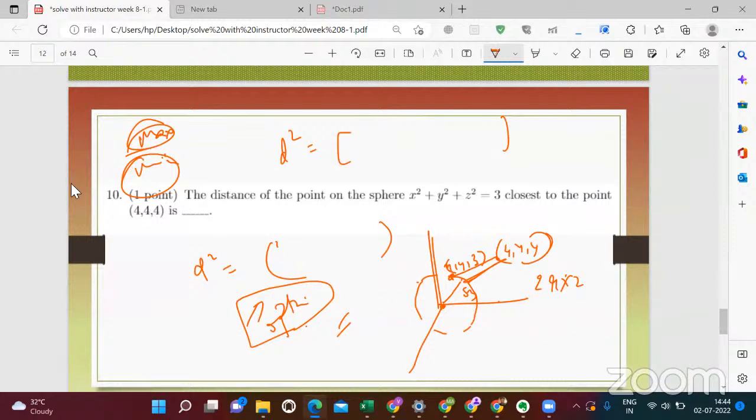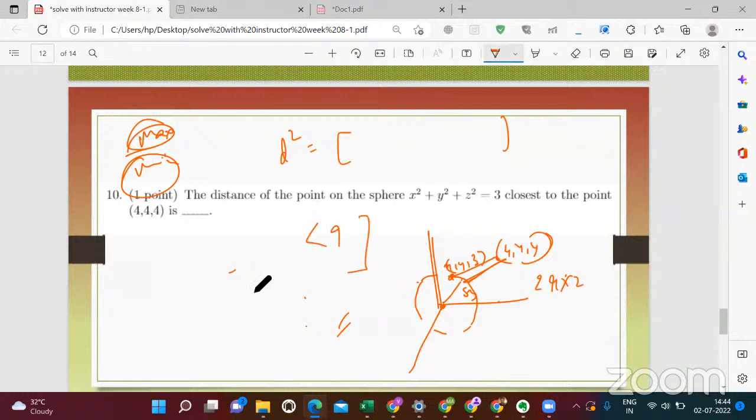I'll give you the options. Do you want the options also? Your value should be less than 9. And also tell me the point, the x, y, z where you are getting the minima.